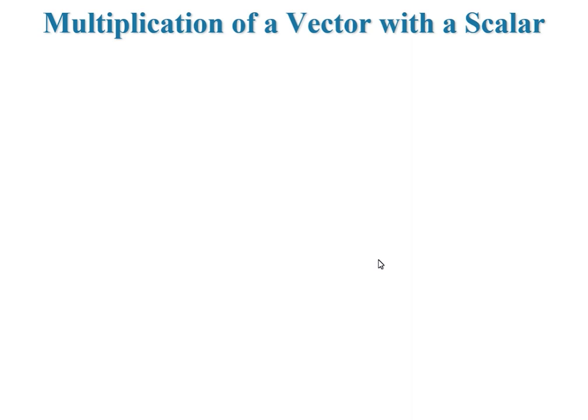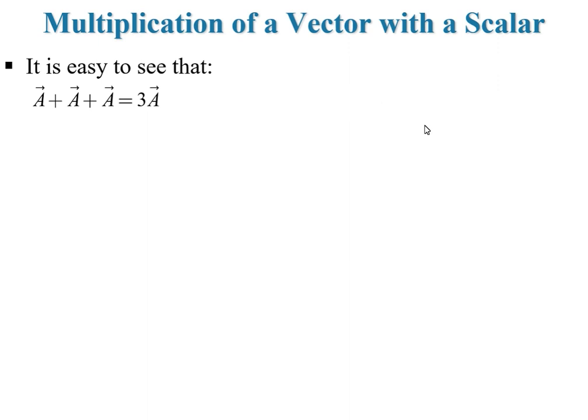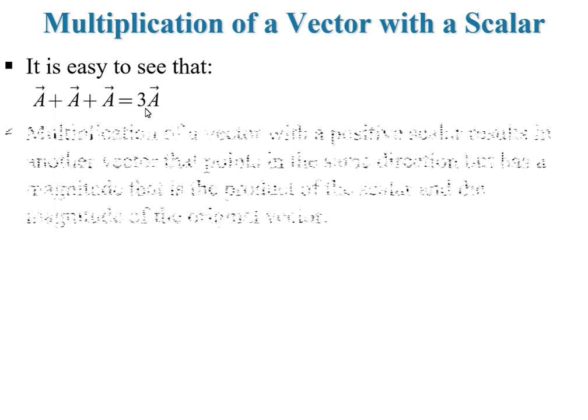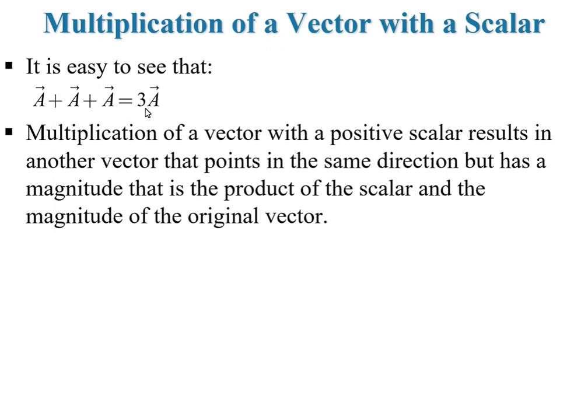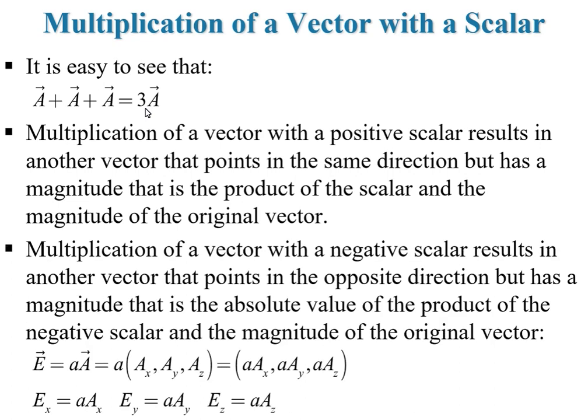Next, for multiplication of a vector with a scalar. This is easy to see. For example, if you have three A, that will be equal to 3 times A. So, multiplication of a vector with a positive scalar results in another vector that points in the same direction but has a magnitude that is the product of the scalar and the magnitude of the original vector.